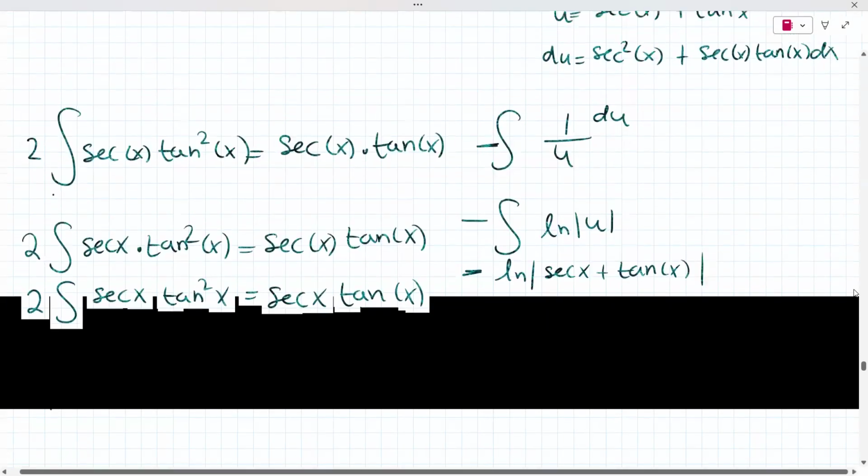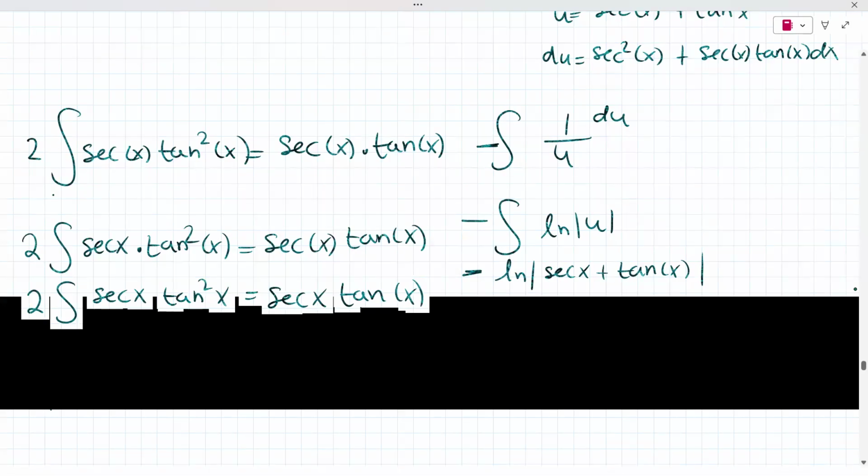Okay, and then what I would do next is I'll probably get rid of this 2. To get rid of 2, you multiply both sides by the reciprocal of 2, so we're going to multiply it by 1/2.